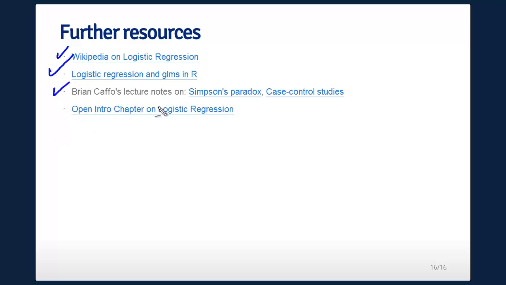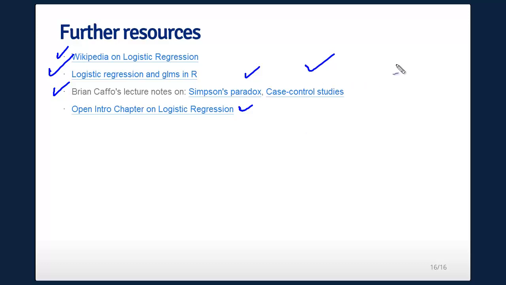Jeff had written this slide, and he mentions I have some lecture notes on OpenCourseWare on Simpson's paradox, which is related to confounding and the impact of confounding on model estimates. Case control studies, which we were just talking about, retrospective case control studies, and the textbook OpenIntro has a chapter on logistic regression. All nice resources on logistic regression that you can look at.